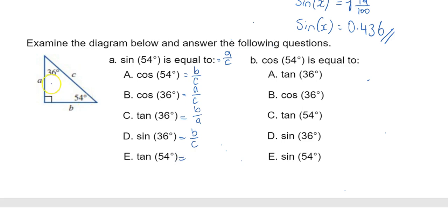And tan of 54, opposite over adjacent. So which one is equal to sine 54? It's this one here. Cos of 36 is exactly the same. They're both equal to A over C.